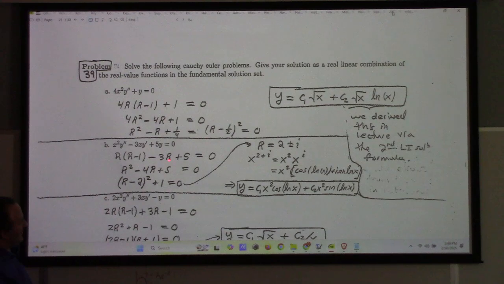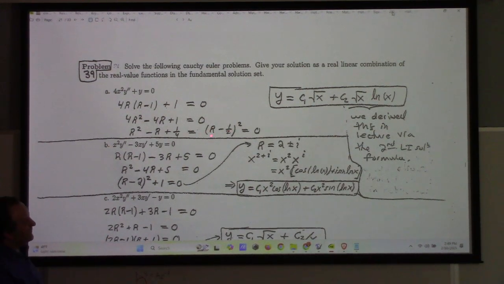Y prime just gives me an r, and the 5 is just 5, right? This one, again, r times r minus 1 times 4 because of the y double prime, and over here I just get plus 1. There's no differentiation, so it's just going to be 1. Right down here, 2 r times r minus 1 from that term, 3r from that, minus 1. And then besides that, we just have to solve the quadratic equation and interpret it properly.